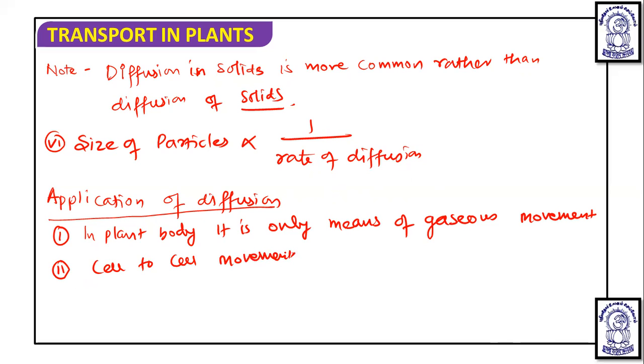For this also diffusion is occurring. And third, loss of water vapor during transpiration. In such a way, diffusion is understood.